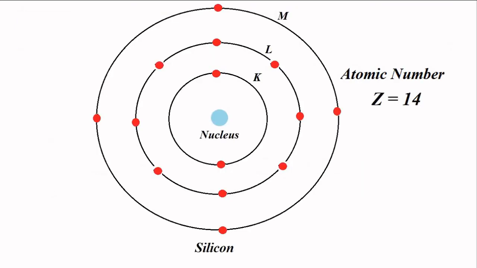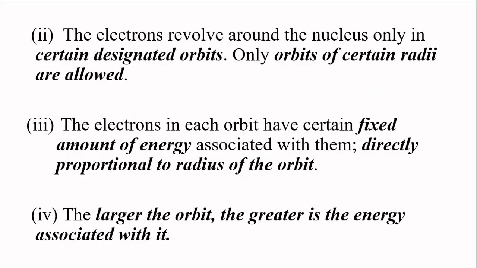The nucleus contains protons and neutrons. It is the center of the atom, consisting of the positive and neutral parts, and the negatively charged electrons move around the nucleus in specific circular orbits at fixed distances or radii away from the nucleus.